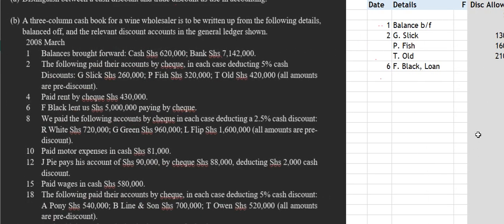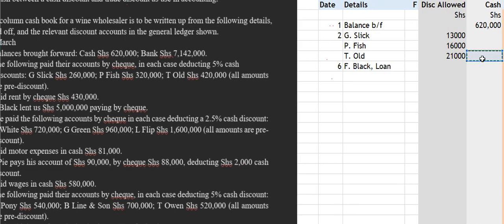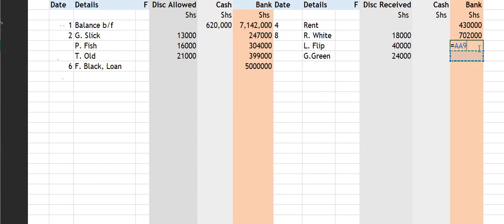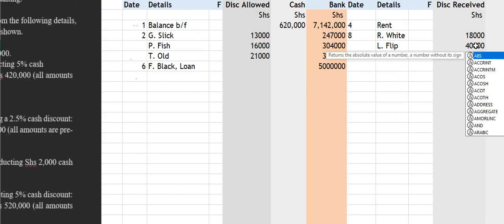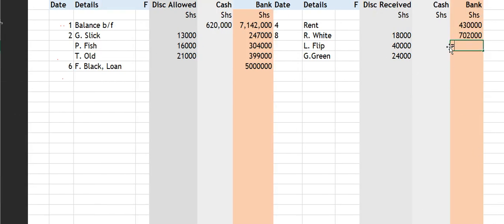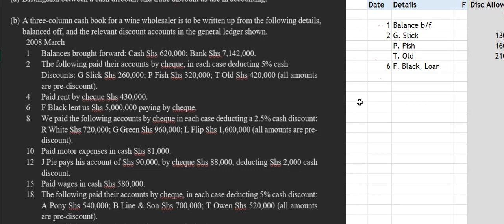Then for L Flip, that is 1.6 minus the discount of 40, that is 1,560,000.